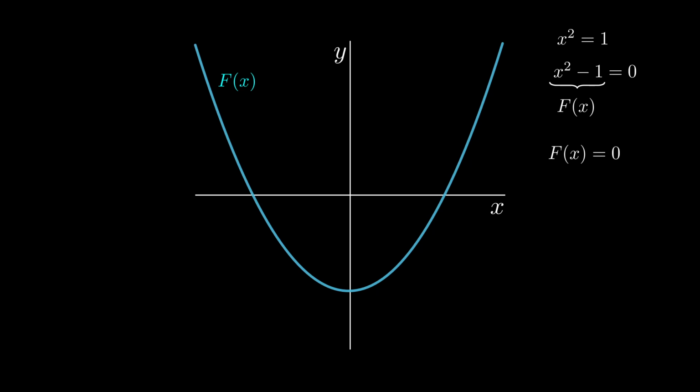So now our problem of solving the equation x squared minus 1 equals 0 transforms into another, more geometric problem: to find the points where this function F of x is equal to 0. And these points are right here, the points where the graph of the function crosses the x-axis. These points are called the roots of F.